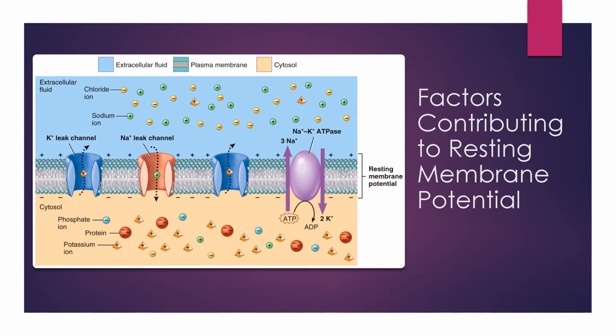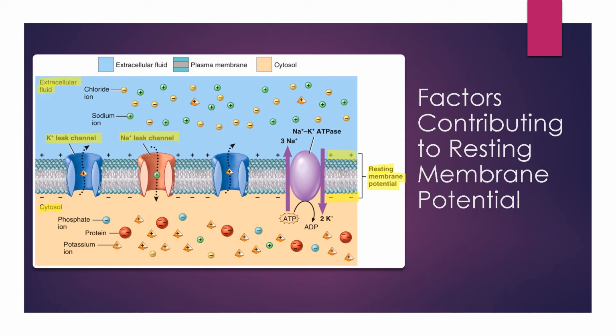So in this picture, we can visually see the 3 main factors that affect the resting membrane potential. We can see resting membrane potential is just labeled here. You can see this negative charge on the cytosol side of the membrane and this positive charge buildup on the extracellular fluid side of the membrane. So the leak channels of sodium and potassium are here. Remember that there are a lot more potassium than sodium leak channels in the membrane.